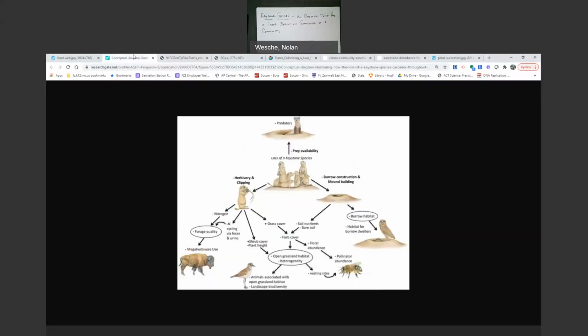Here's another example with prairie dogs and a prairie ecosystem and all the things that they do to prop up and keep this community in a healthy, systematic setup.